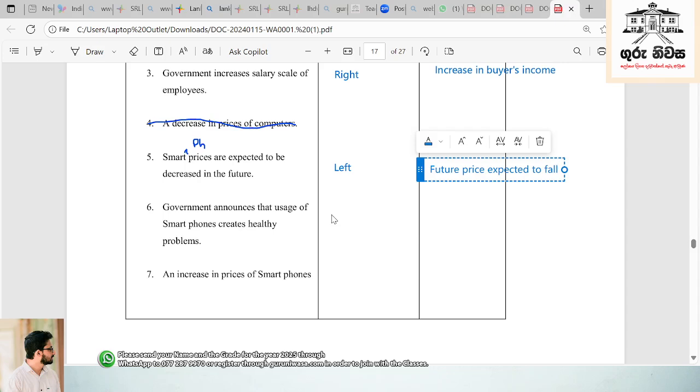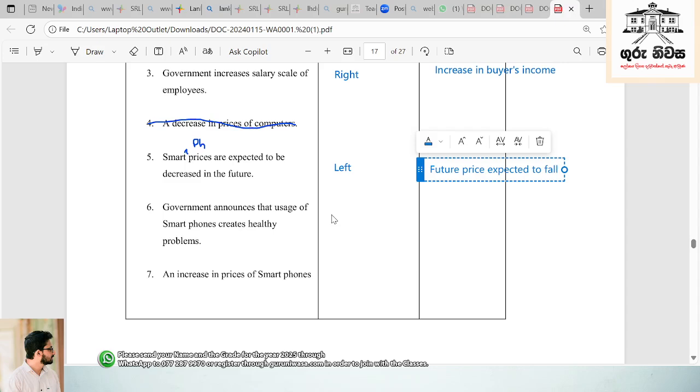Sometimes the government announces that sugary drinks cause cancer, so avoid these fatty or sugary drinks or junk foods as soon as possible. These are announcements based on research.